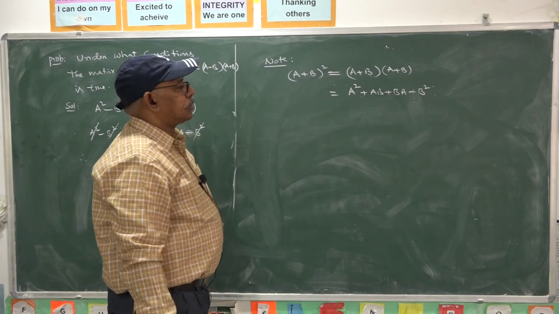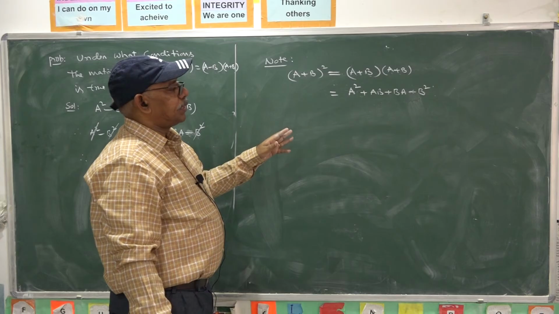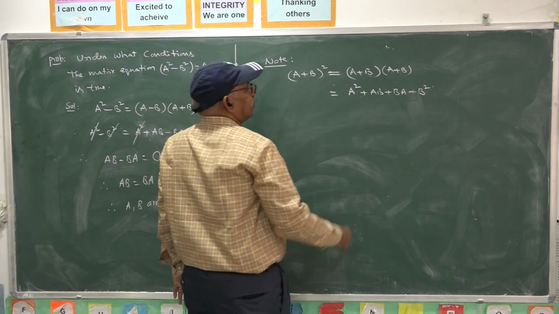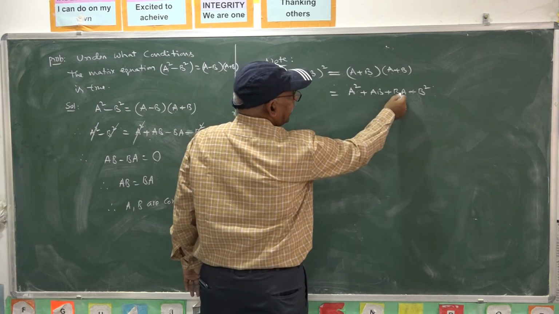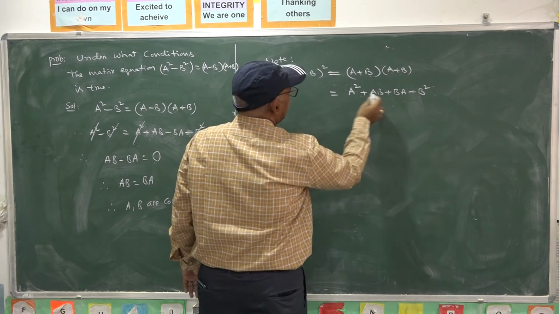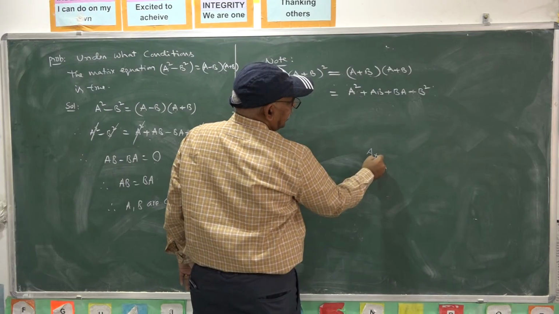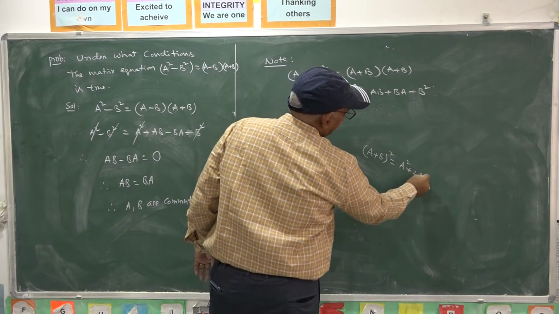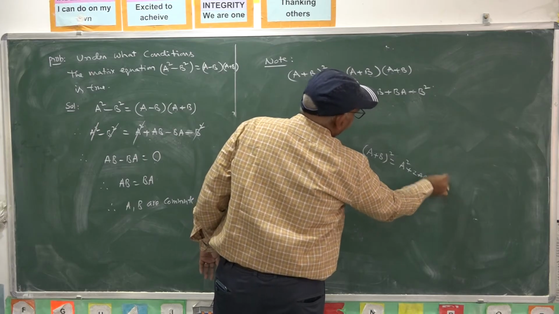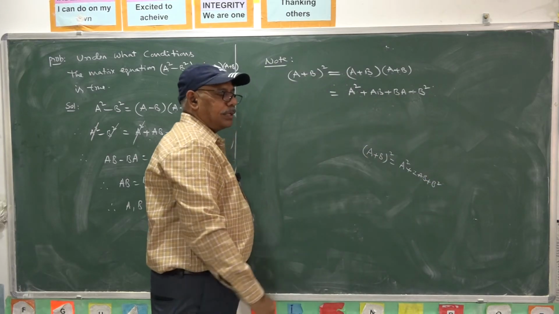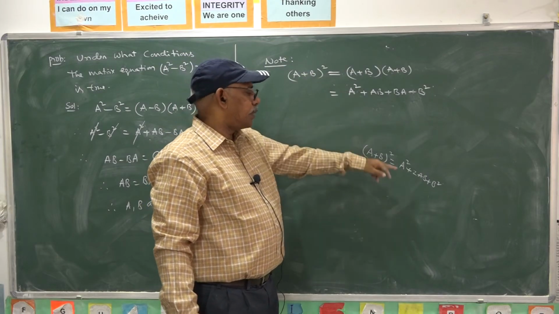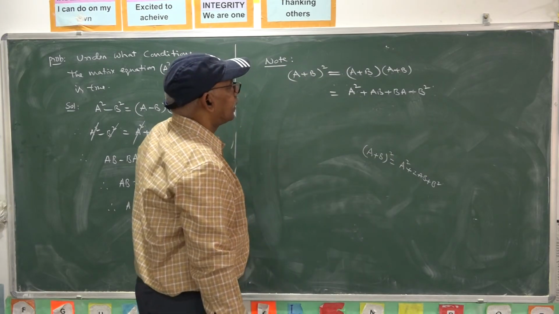Once AB equals BA, only then can it be written as A plus B whole square equal to A square plus 2AB plus B square.